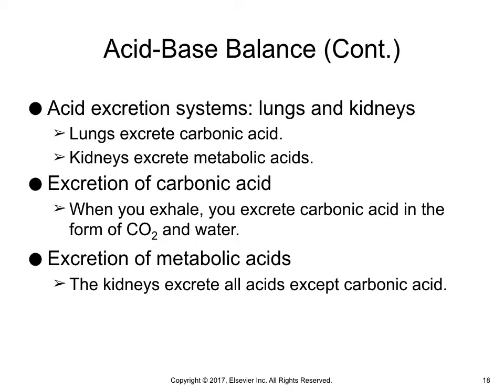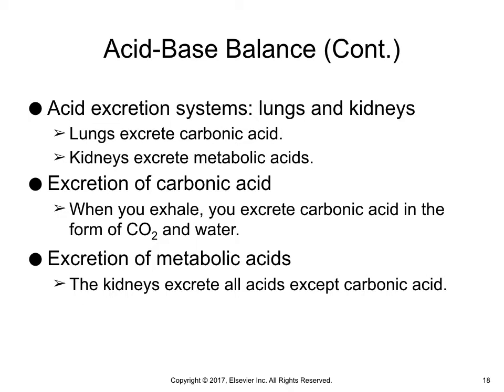When you exhale, you excrete carbonic acid in the form of carbon dioxide and water. If the PaCO2 rises, the chemoreceptors trigger faster and deeper respirations to excrete the excess. If the PaCO2 falls, the chemoreceptors trigger slower and shallower respirations, causing more carbon dioxide to be produced by the cells that remain in the blood.